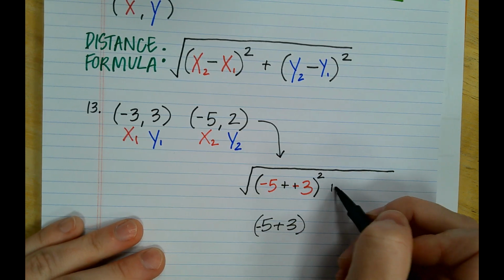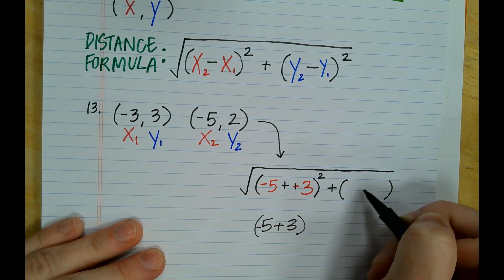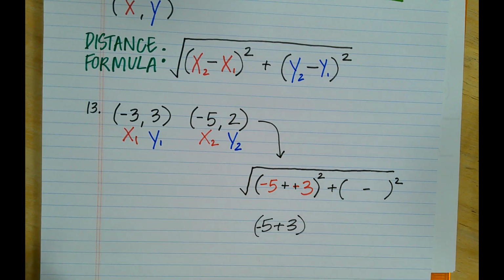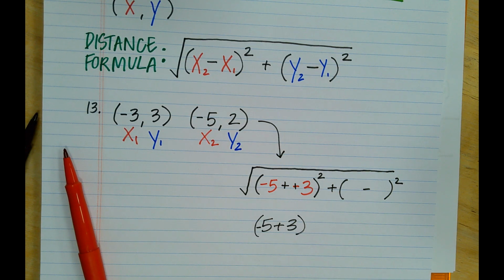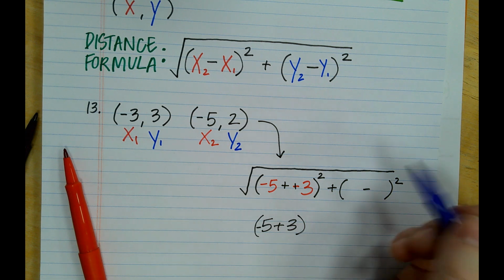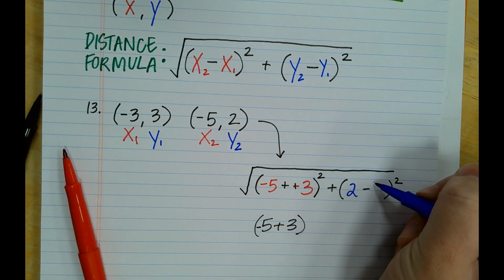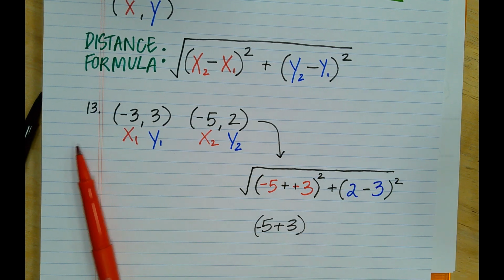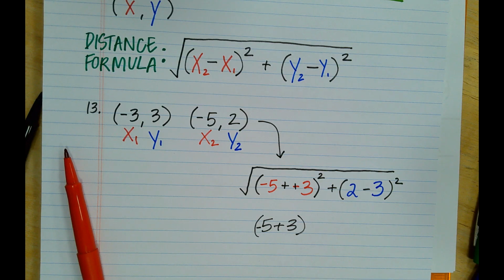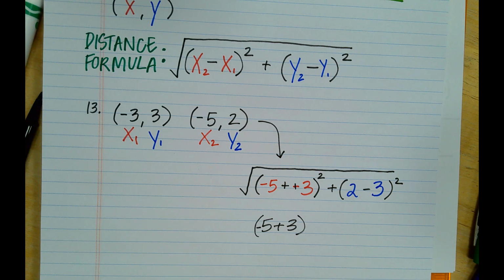Now let's do our y's. So my y2 is what? Yeah, perfect. 2 minus 3. Okay. So this is going to be a little reminder of our order of operations here.